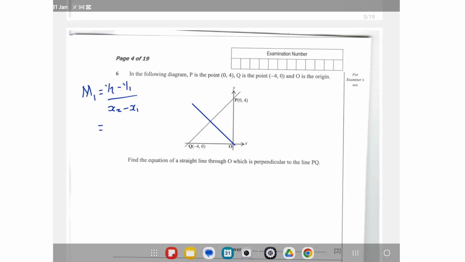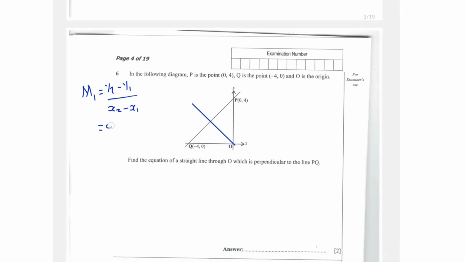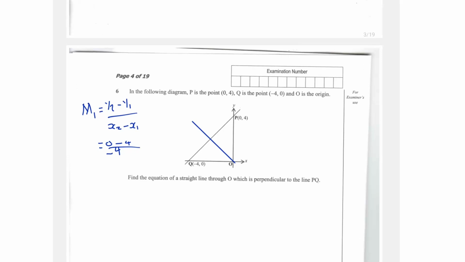So your Y2 will be 0, and then minus 4, and then down there you have our x2, which is equal to negative 4, and then it is minus 0.